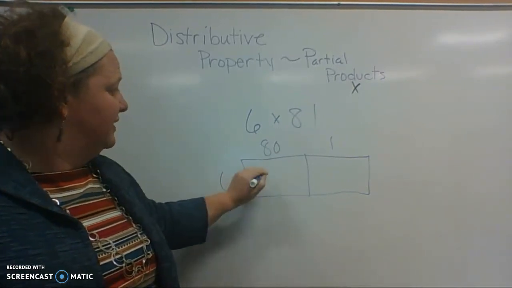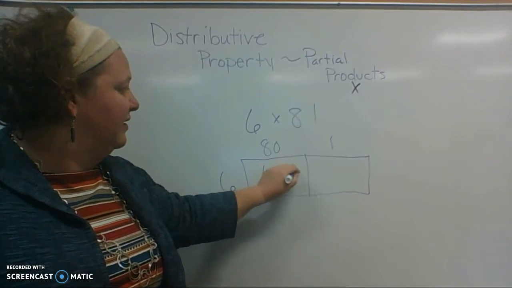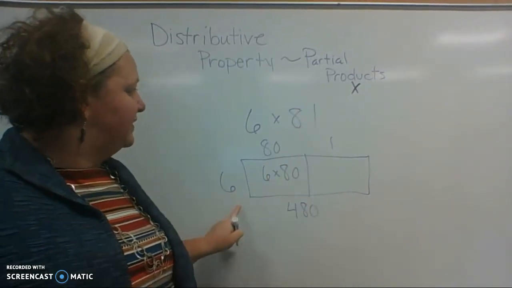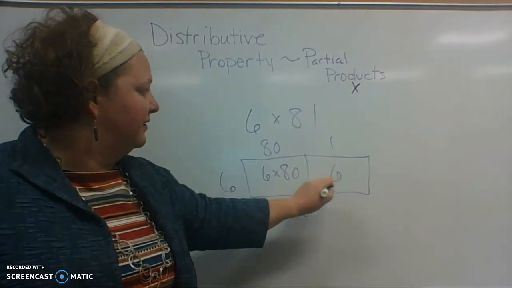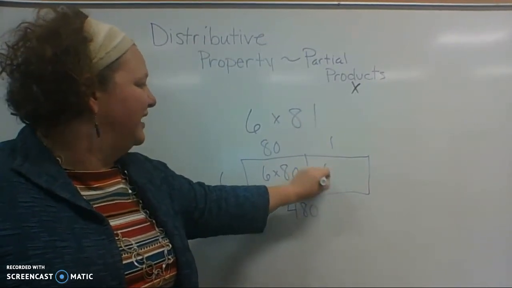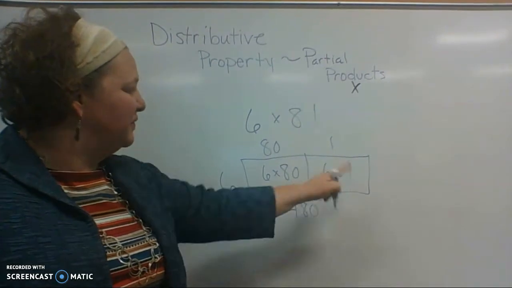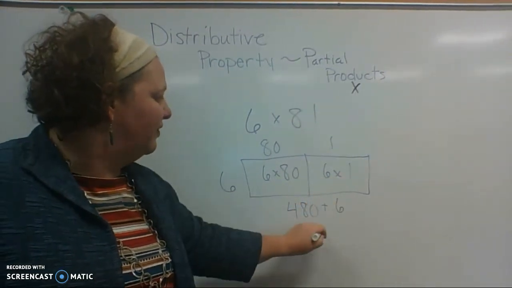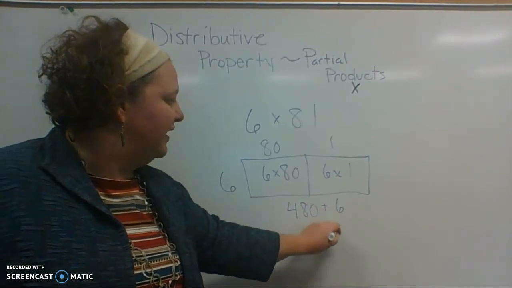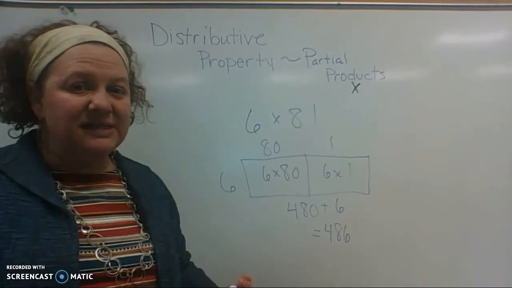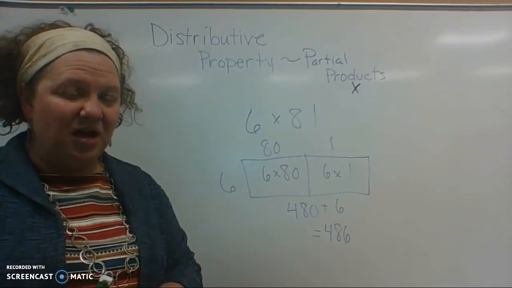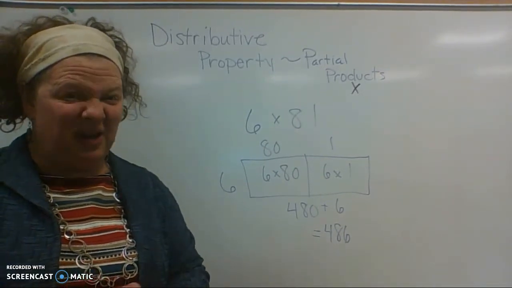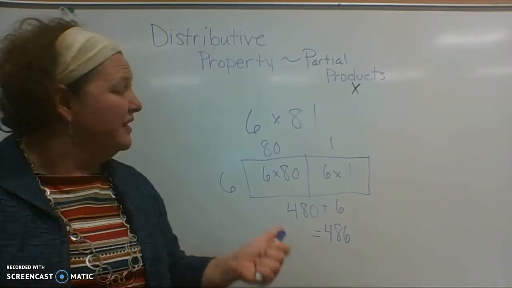Oops, 6 times 80, and we have 480. And then 6 times 1 is 6. So we're going to add our 6. So our answer is 486. So as you can see, it really breaks up our place values and makes multiplication a lot easier to think about. Kind of a cool strategy, huh?